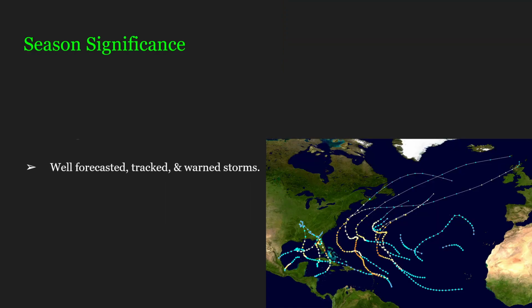This season is quite significant, other than the last bullet point here. The first thing is that this is the very first season that the NWS, I guess I should say NHC, very accurately recorded tropical storms, even down to depressions.